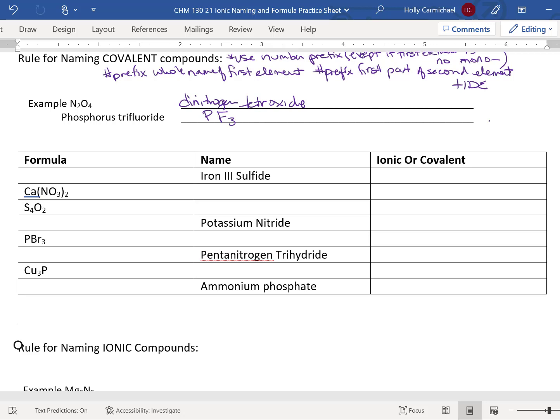This one throws in some polyatomics too, and a transition metal.